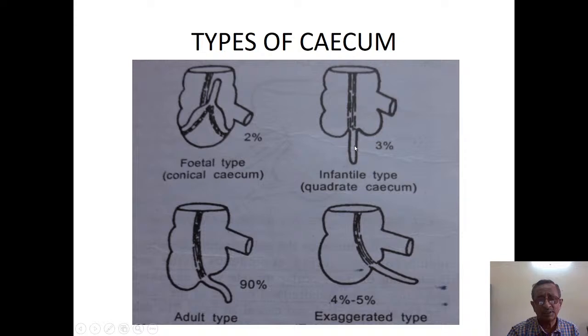That infantile type is also less, 3% only, whereas the adult type is the normal one, wherein we are seeing this appendix coming from the midpoint of the base of this caecum, which is dilated. Whereas in the exaggerated type, this appendix is coming more towards the ileocecal junction.